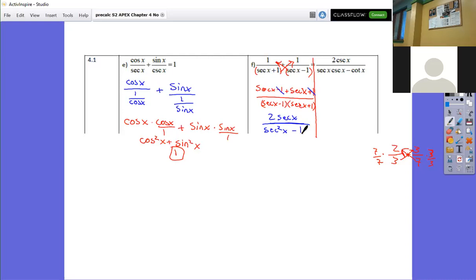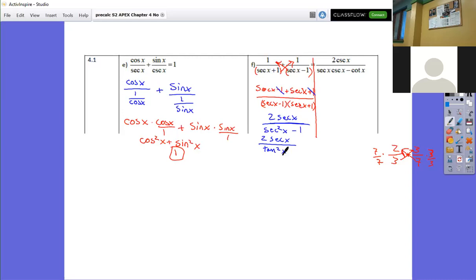What is secant squared x minus 1? The tangent squared? Yeah, tangent squared, right? I have 2 secant of x over tangent squared x.